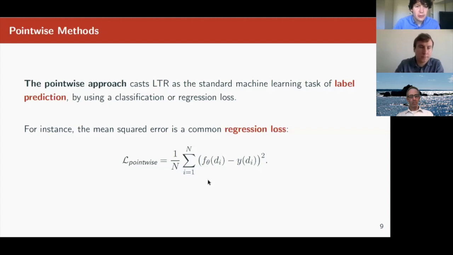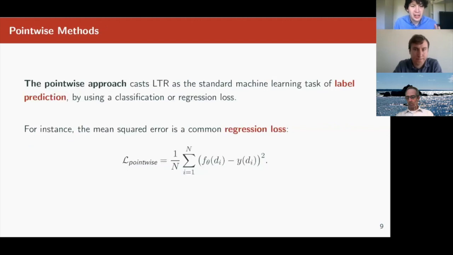You can have your prediction of your model coming out of, so this f theta, be the same as your relevance function, or as close as according to this mean squared error, where you're trying to match the scores of your model with your relevance labels. Just common regression. Now, of course, this is nothing different than you see in other machine learning fields.